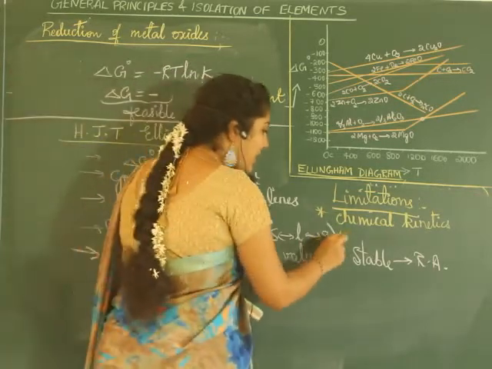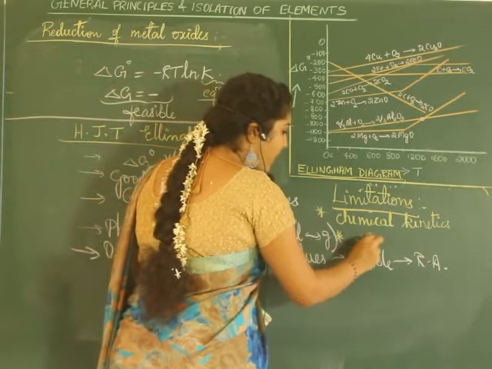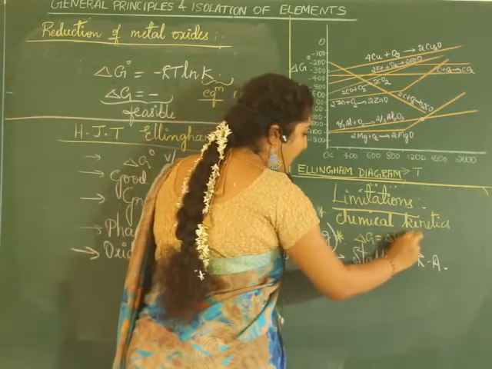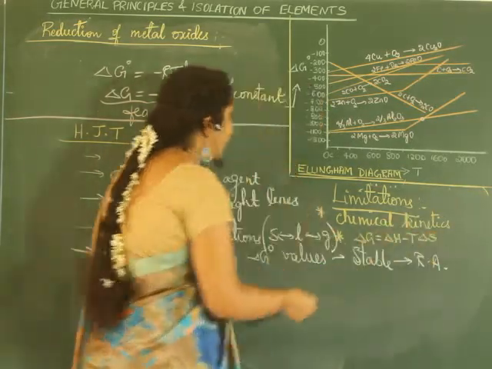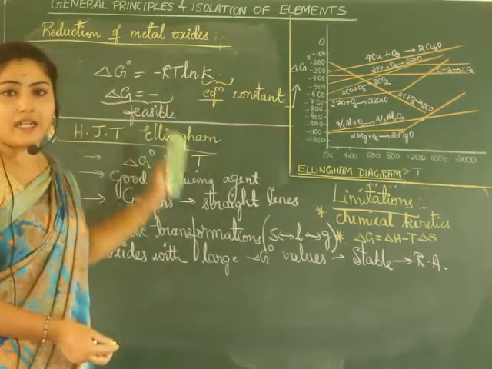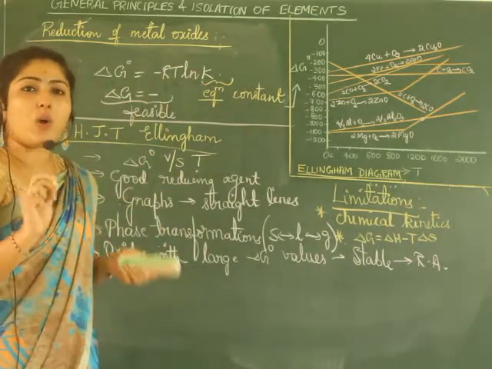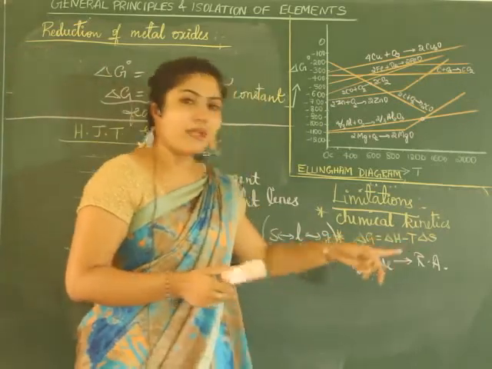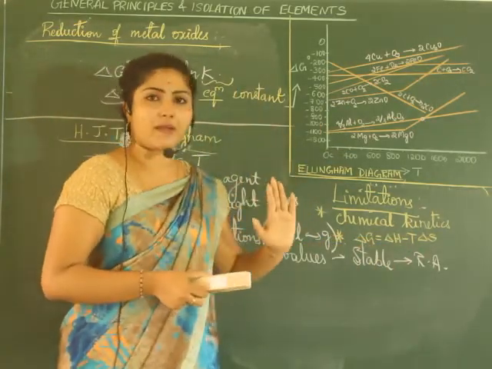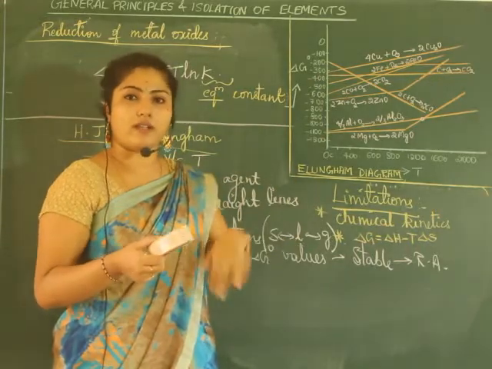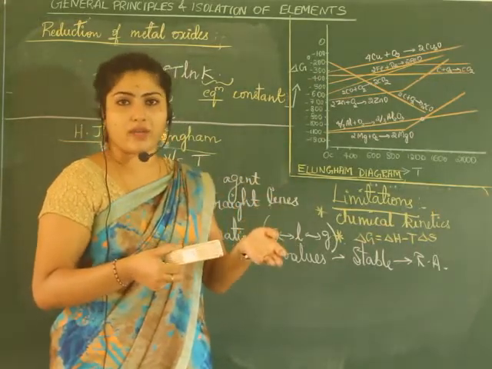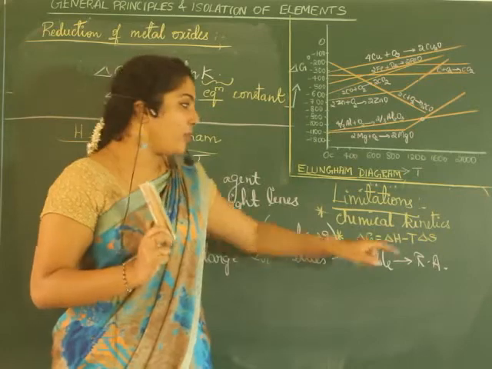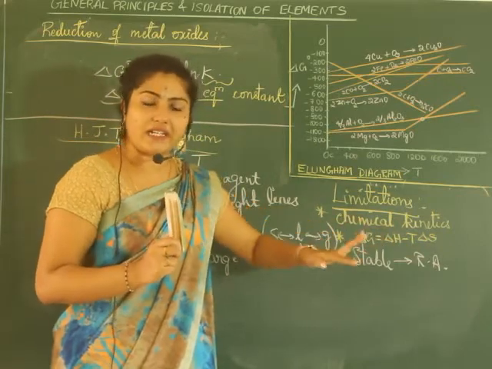And considering the equations, delta G is equal to delta H minus T delta S, or delta G naught is equal to minus RT ln K, it may not always be true. Because sometimes there is a phase transformation taking place, solid to liquid. Then entropy changes, order completely changes.